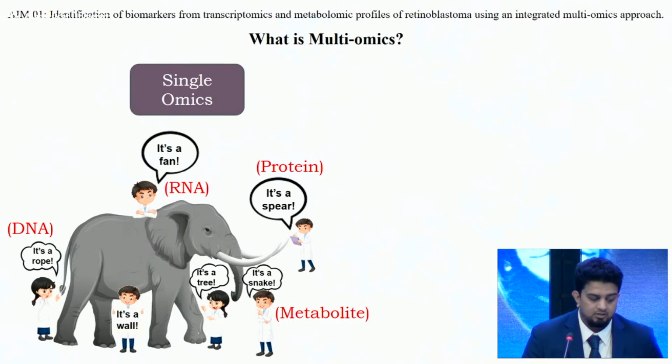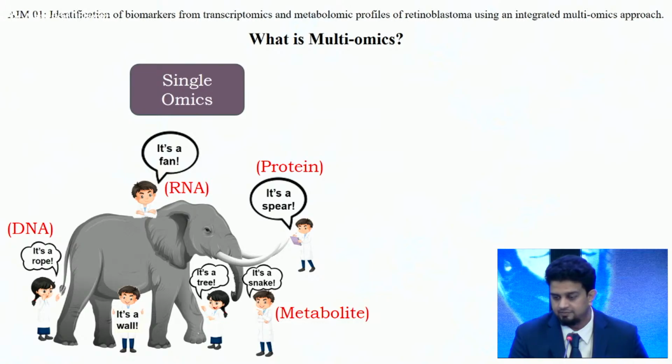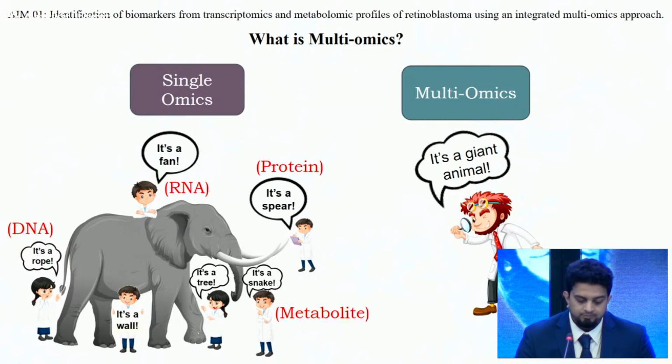Single omics gives us information from one set of biological entities, like RNA, DNA, or protein, but this does not complete the entire picture. Multi-omics is an integrative platform that helps us identify information across different biological entities, and it also helps us identify novel associations within the different omics.